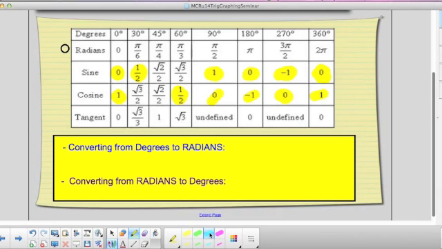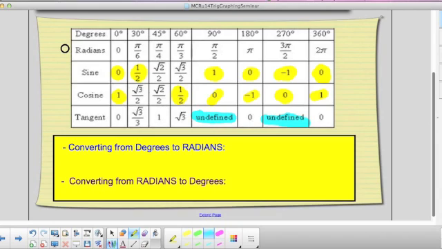The tangent function is important as well, but it has asymptotes, at 90 degrees and at 270 degrees. I'm going to talk about that more in the Unit 15 seminar or in a separate pencast. We're not going to focus on the tangent function today.